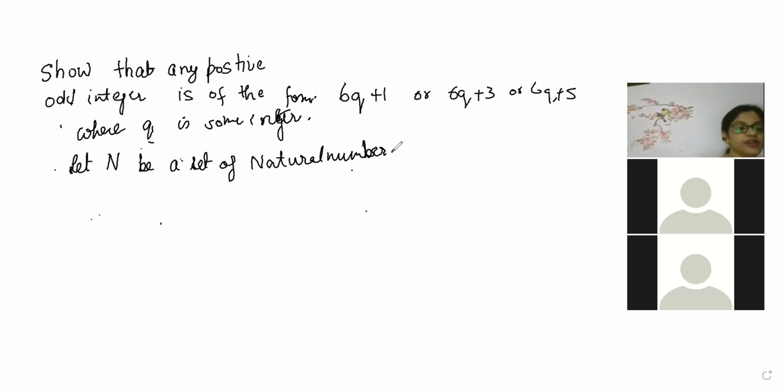Let n be a set of natural numbers. Now, beta, what question have they given?